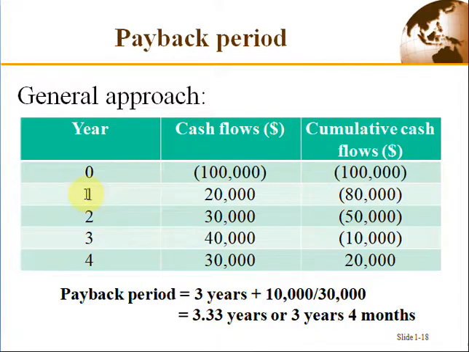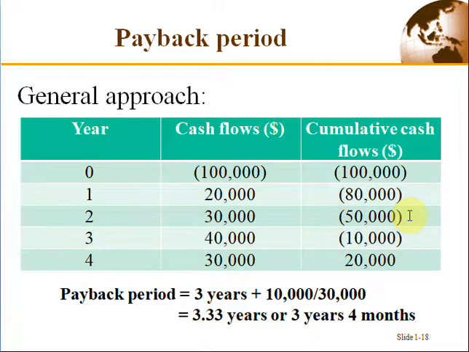In year one, 20,000 came in, and you use it to pay back the 100,000, remaining 80,000. In year two you got 30,000, and you pay back the balance of 80, paying 30, remaining 50.